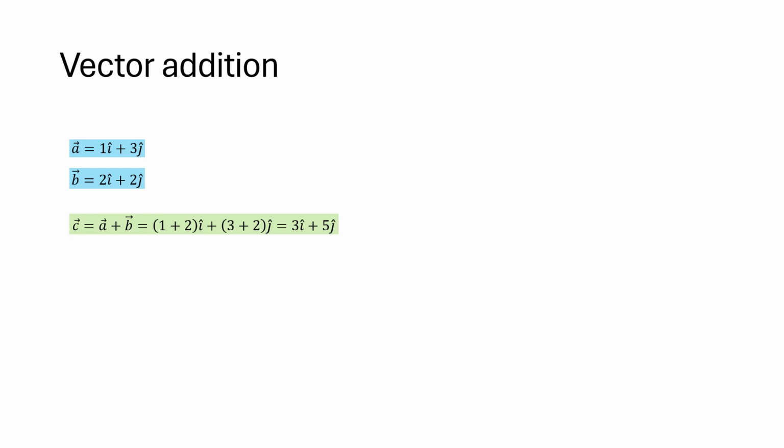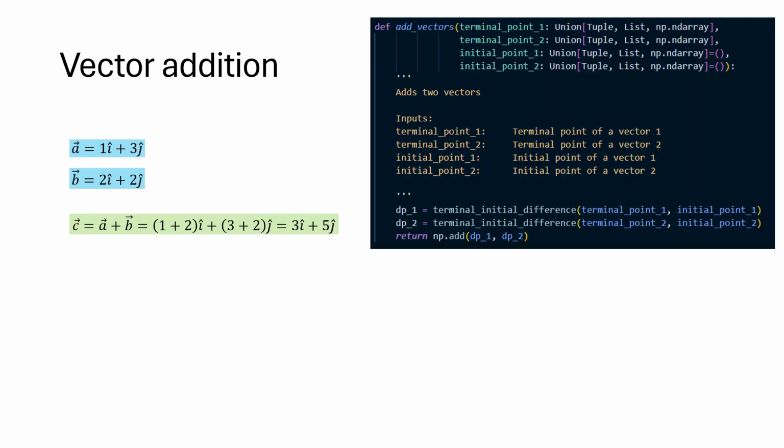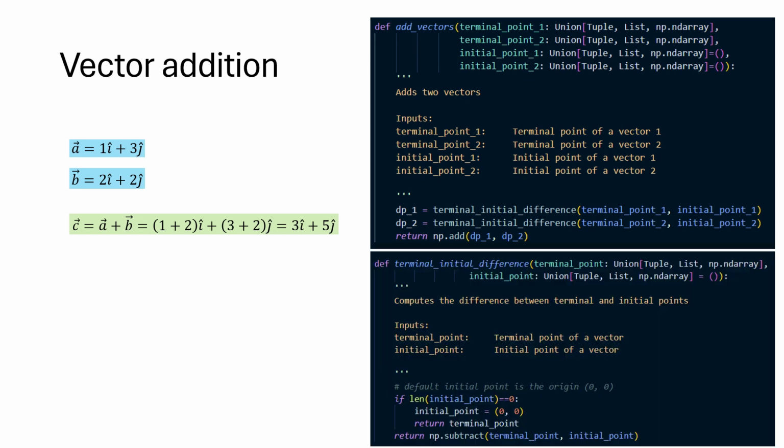If we have two vectors a and b, their sum will be simply the sum of their corresponding components. We use the add underscore vectors function to add these two vectors. We have written a separate function to compute the difference between terminal and initial points.